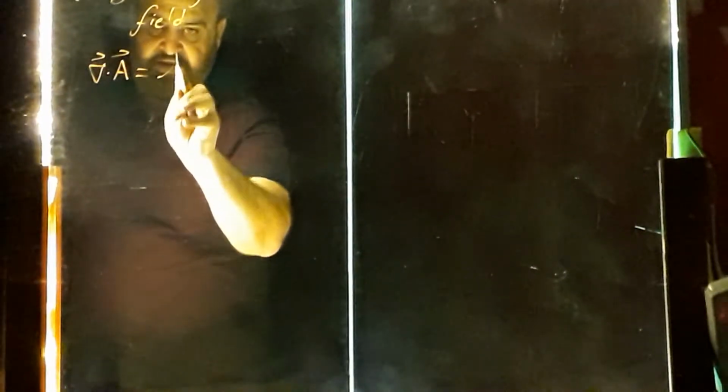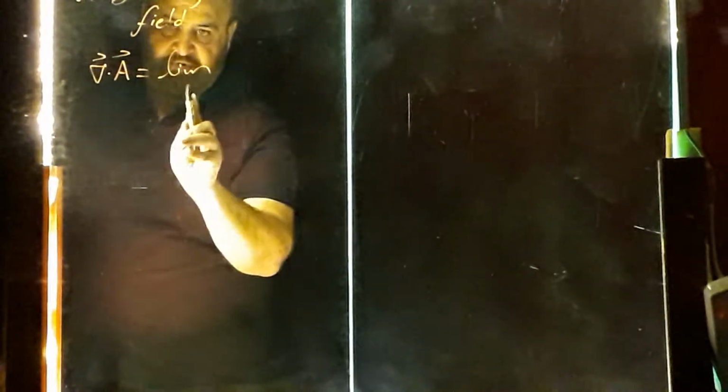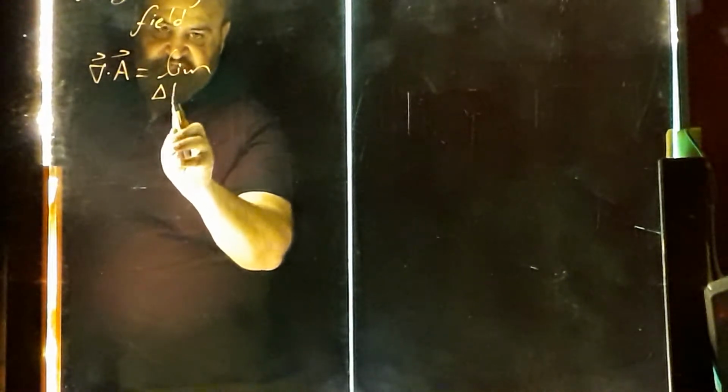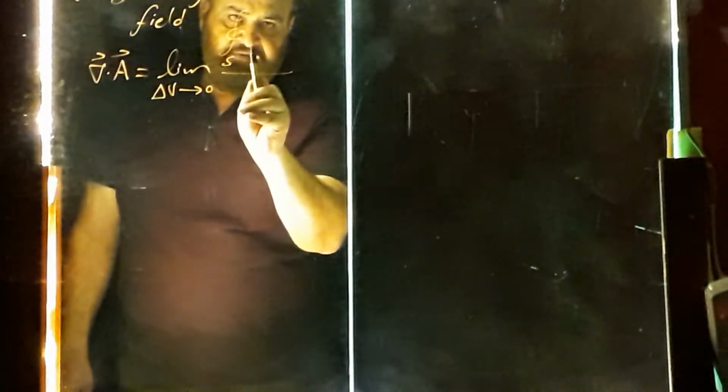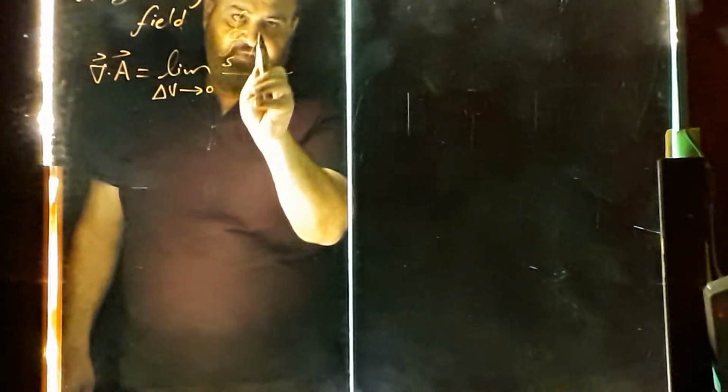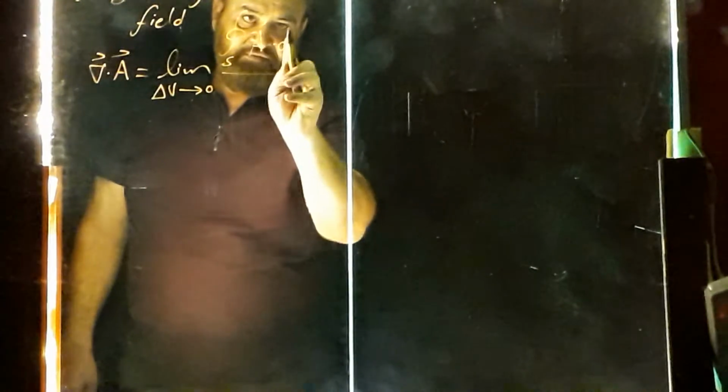The definition of divergence of any vector like A is the limit when the volume approaches a point for the enclosed surface integral for the flux A dot ds over delta V.